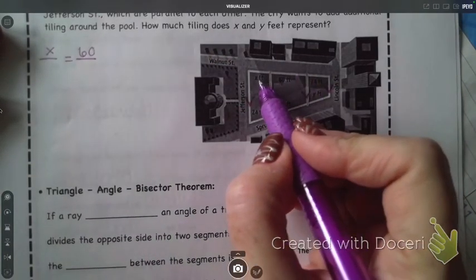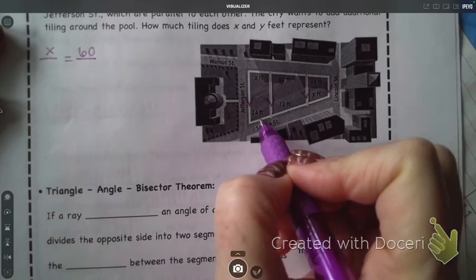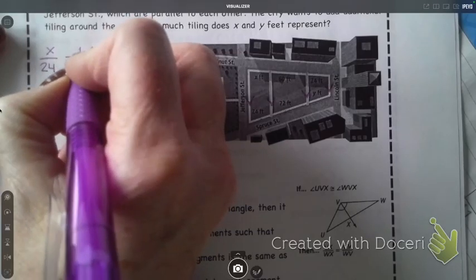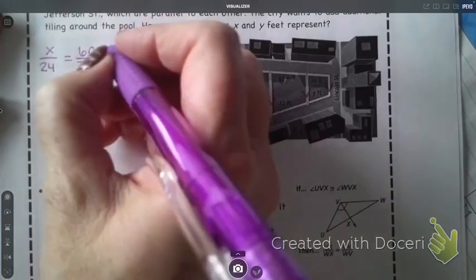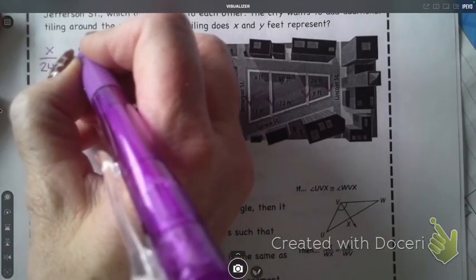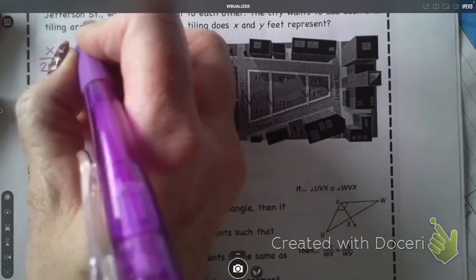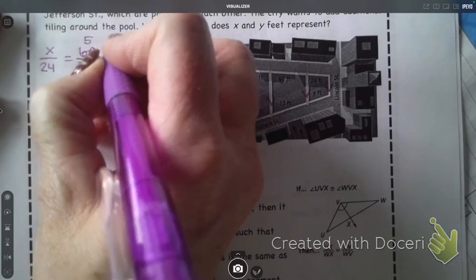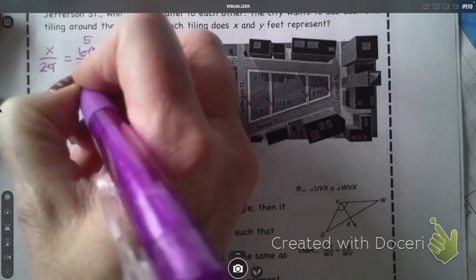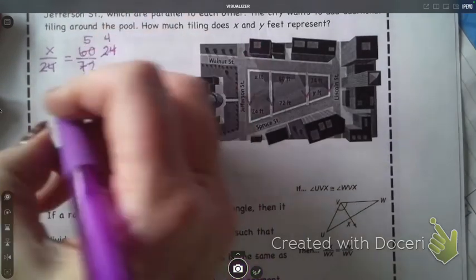So what corresponds to X? 24. What corresponds to 60? 72. So 5 and 6, right? For 12. 24 and 4.